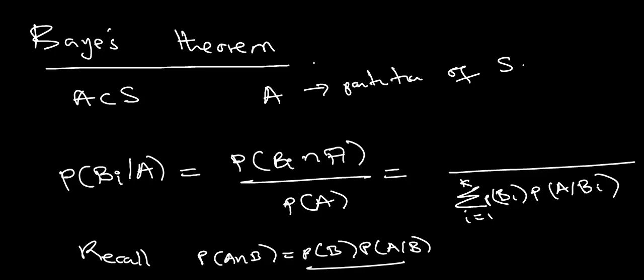Yeah, so this is where the top part comes from, to say it's the probability of Bj times the probability of A given the Bj that you have. So this is where the Bayes' theorem comes in. We are mixing two theorems, the previous one and the other one that we talked about earlier on.